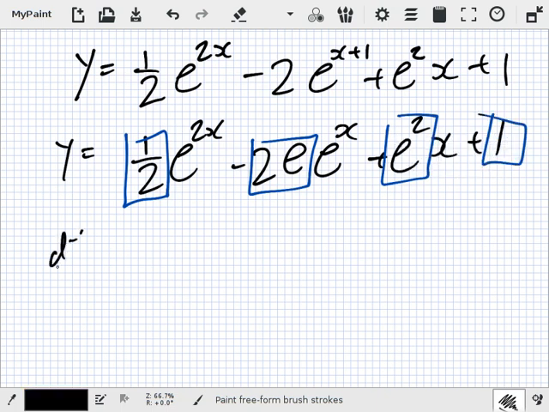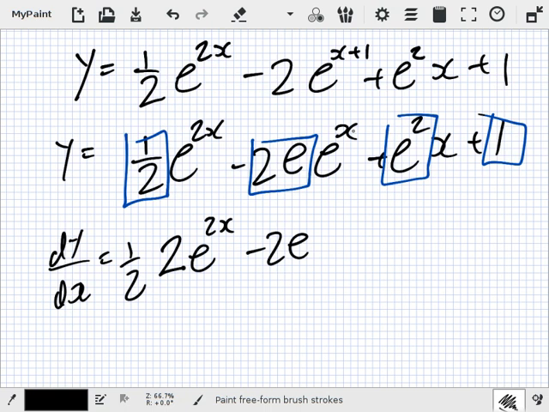You learned that the derivative of e^(2x) is 2e^(2x). And what would be the derivative of e^x? e^x. And this is tricky, or e^2 x? e^2 is like k x. And 1? 0. And this should equal 0.